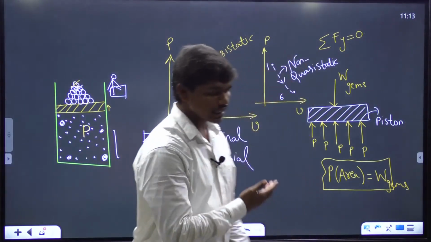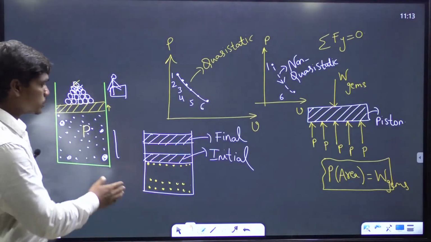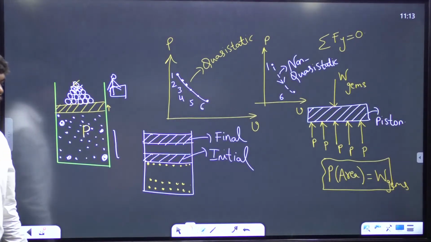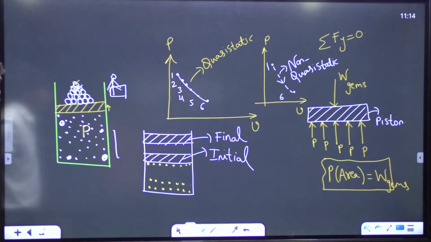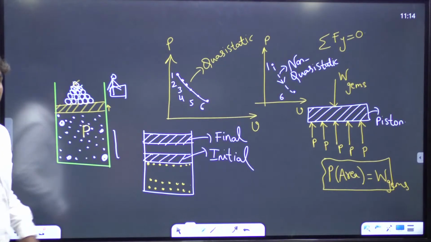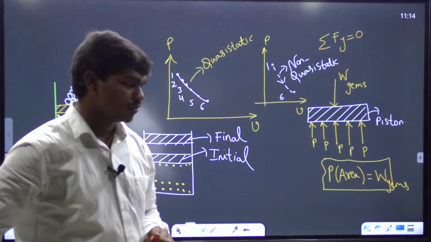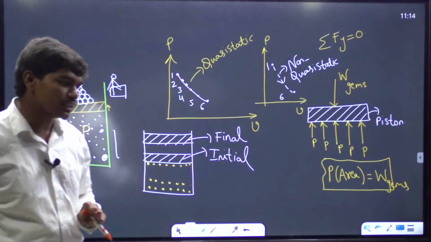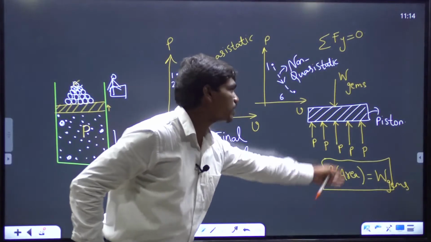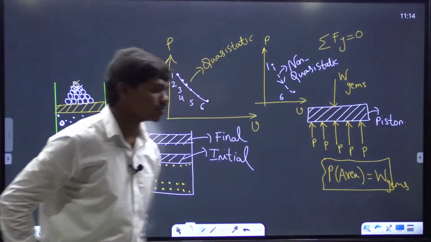Now please take these things. I'll give you some time. You can take this, and once you finish you can say yes, then we'll continue ahead. Is it understandable to all of you? Are there any doubts? Yes, at every point it's in equilibrium, because this equation you are writing considers equilibrium of this piston.